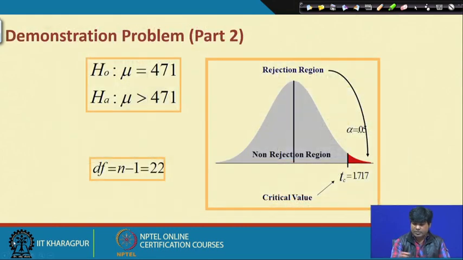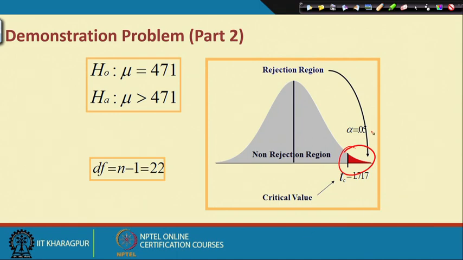Okay. So, this is the critical value zone. It is 1.717, and this is obtained from the T tables corresponding to alpha 5% and degrees of freedom 22.